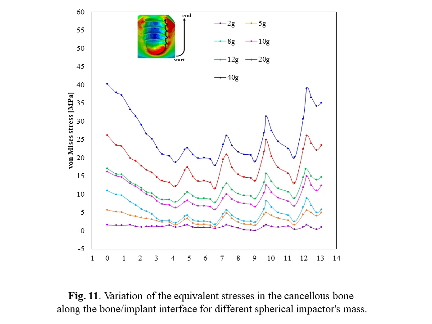This figure represents variation of the equivalent stress in the cancellous bone along the bone interface for different spherical impactors. This figure shows that the level of stress in the cancellous bone is less than that of the compact bone.